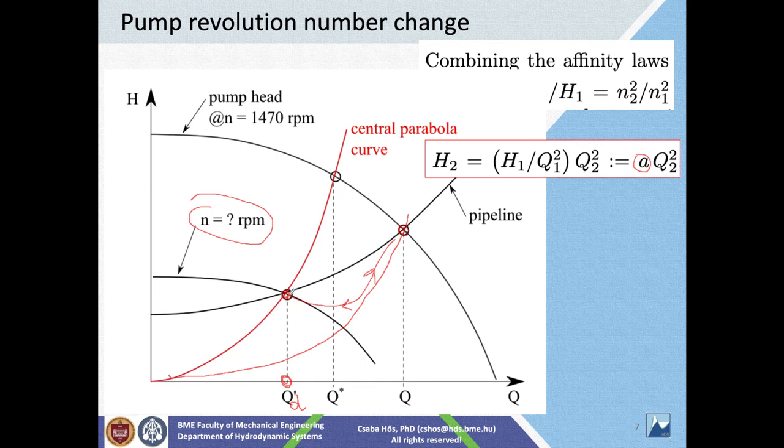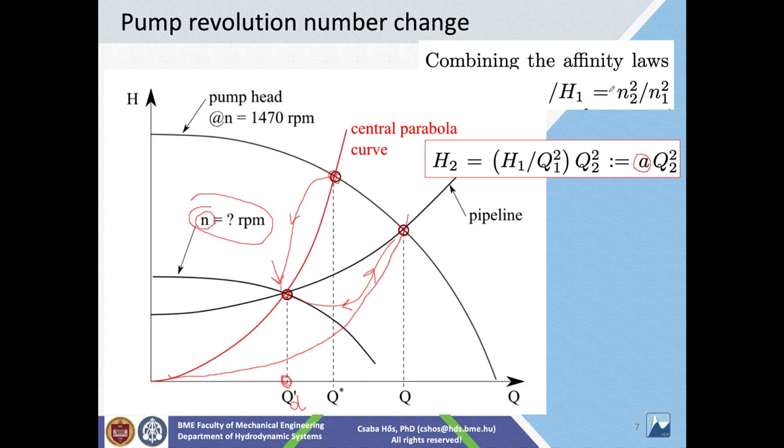So what you do is that based on this point, here you find your affine parabola, your central parabola, that's the red curve here, and find this intersection. And then you can use the affinity laws from this point to this point to find the unknown revolution number.